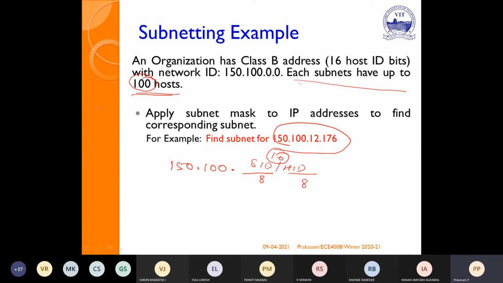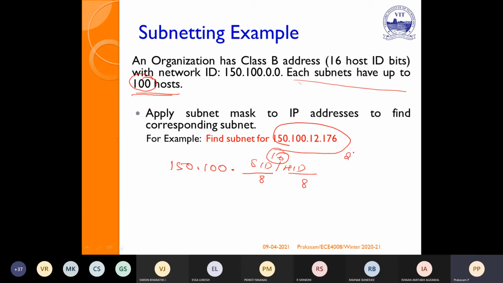Here, I have to provide 100 hosts to each subnet. Here the host count is fixed, so out of the 16 bits, first you should identify how many bits we can allocate to provide service with a minimum of 100 hosts.